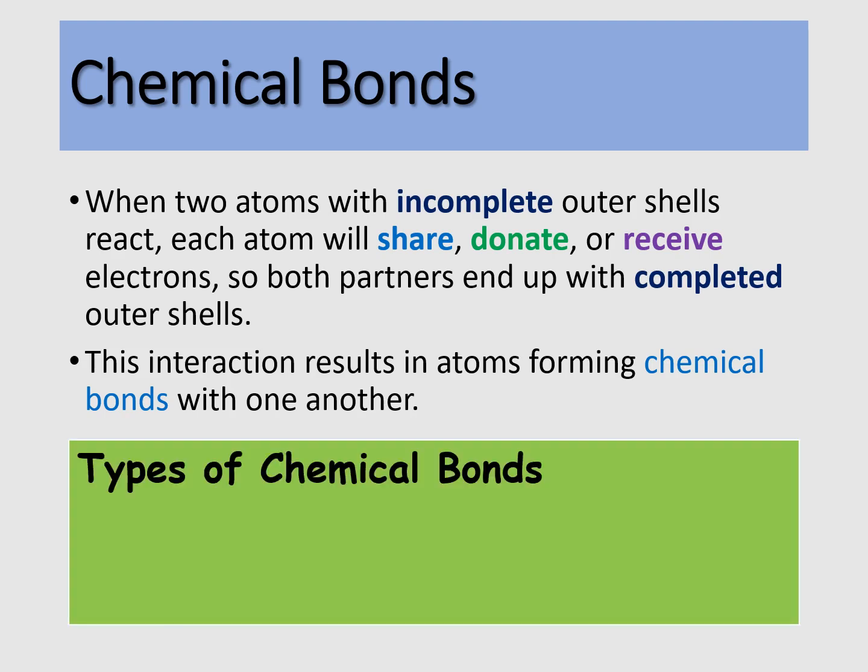So what are our types of chemical bonds? We have a covalent bond. That means that the 2 atoms are going to share their electrons. That means the electron kind of spends some time with one atom and half its time or a little bit of time with the other atom, okay? So it's kind of like co-parenting, okay? They're going to co-parent that electron.